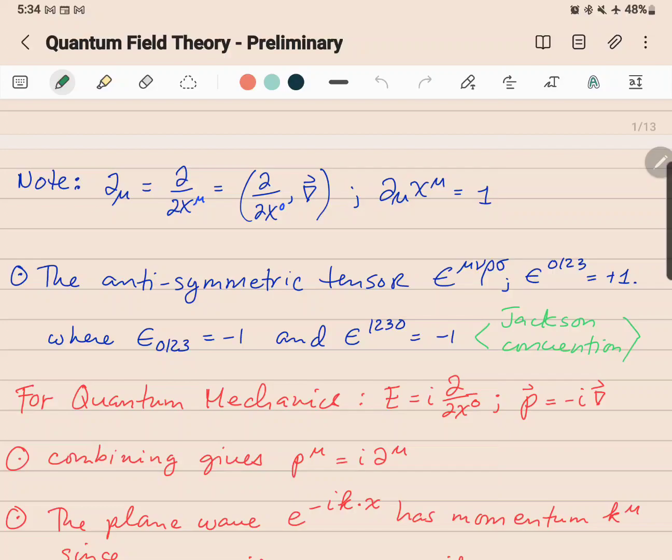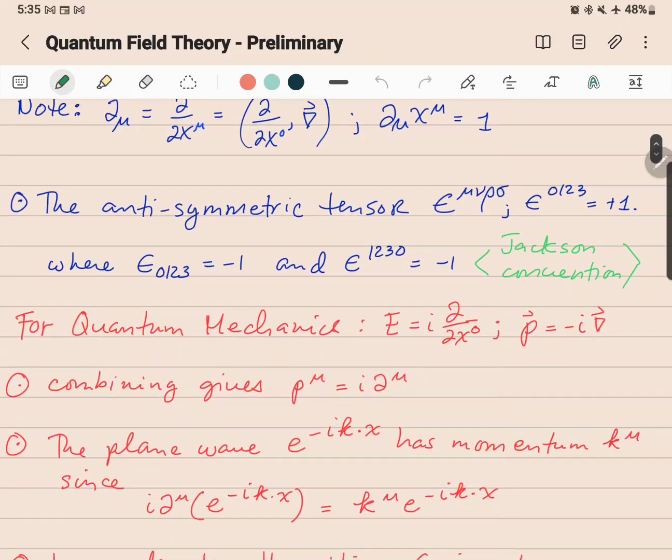So when you see this, this is just equal to 1. Well, of course, the index here will contract. The mu and the mu here will contract.